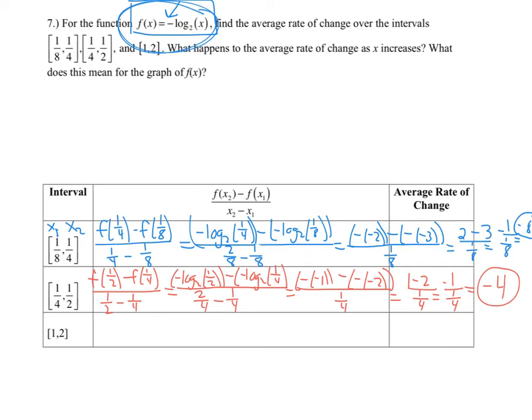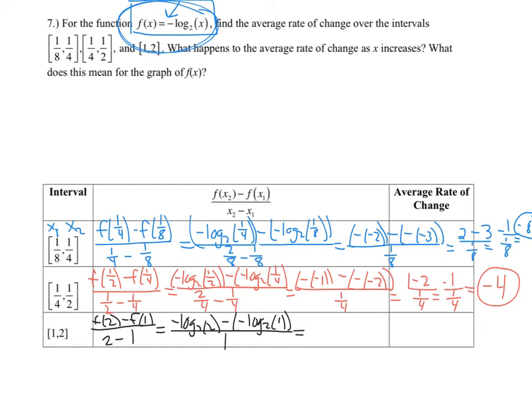For our last domain interval from 1 to 2, so f of 2 minus f of 1 divided by the difference in the x values, so 2 minus 1. F of 2 would be the opposite of the log base 2 of 2, minus the opposite of the log base 2 of 1, all over 1.